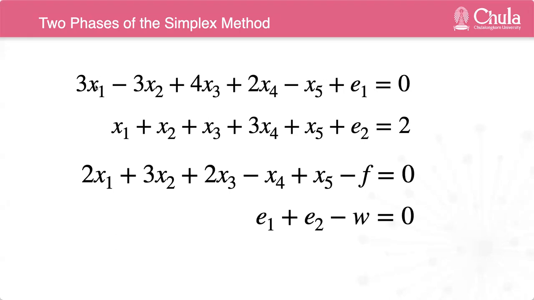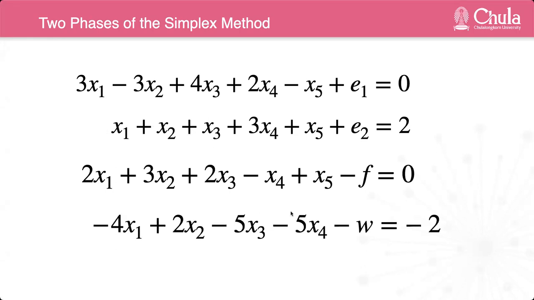E1 becomes minus 3x1 plus 3x2 minus 4x3, and then this is minus x1.